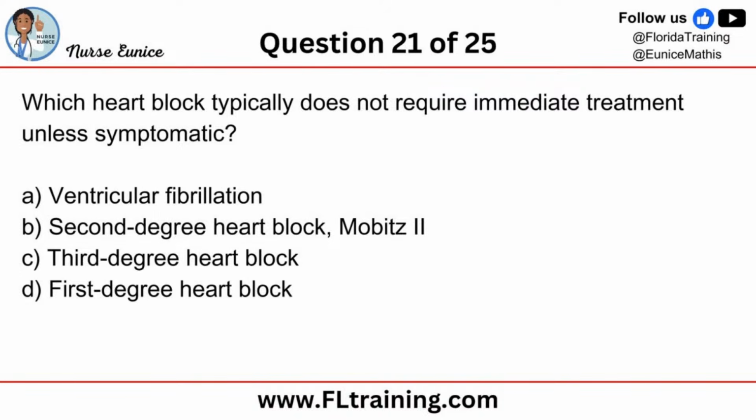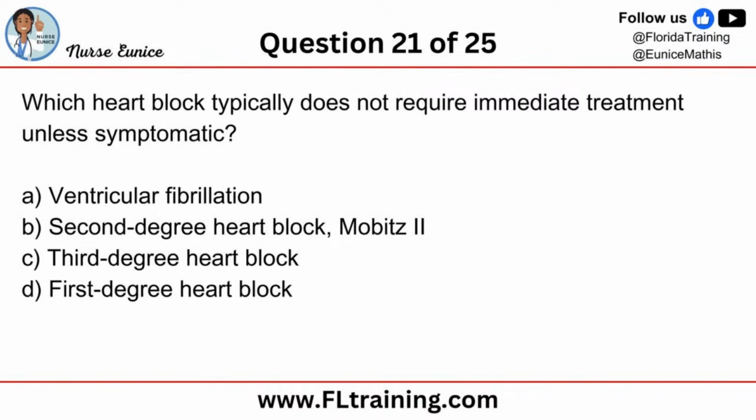Question 21. Which heart block typically does not require immediate treatment unless symptomatic? So let's go to those four heart blocks again. We have first degree heart block, which we've not covered yet, second degree heart block type 1, second degree heart block type 2, and third degree heart block.